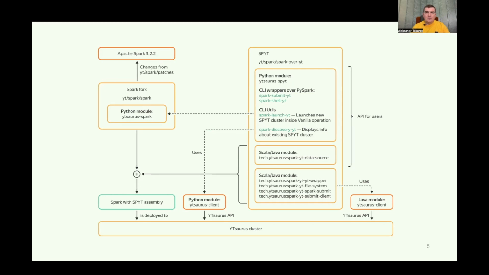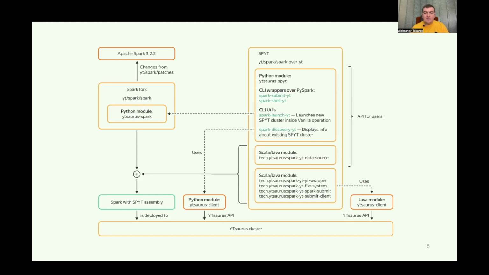For instance, spark-launch-yt starts a Spark cluster within a YTsaurus vanilla operation, while spark-discovery-yt shows information on an existing Spark cluster, that is, we provide it with discovery_path as input, and it visualizes the info. We will show how it works a bit later. There are also some JVM artifacts.